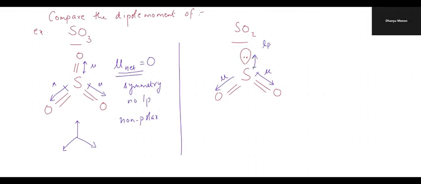This dipole is not the same as the other 2, so I call it mu dash. Like sulfur trioxide, they are in 3 different directions, but mu dash is not the same as mu.